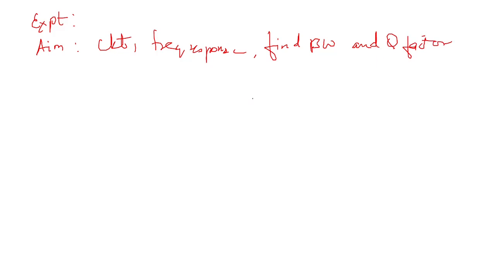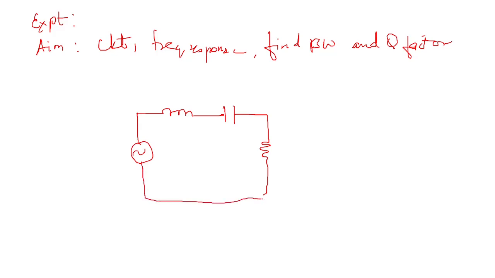For that we will take a series resonance circuit. We can have an inductor, a capacitor, a resistor, and a voltage source, which we can give by a function generator in our lab.